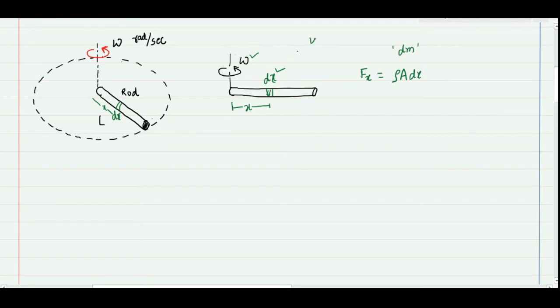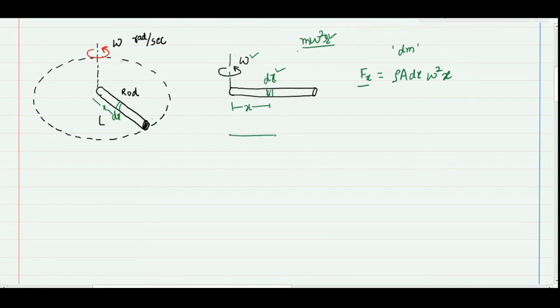The formula for the centrifugal force is m omega square r, where r is the position of the mass with respect to the axis of rotation. In my case r will be the distance x and omega square will remain the same, so the formula will become rho A dx omega square x. Using this formula we can calculate the centrifugal force acting at any section of this bar.